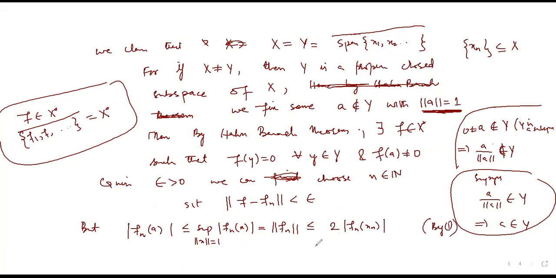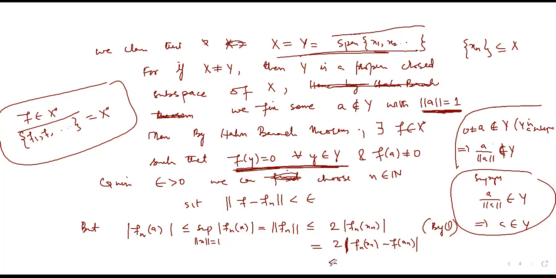So which can be written as twice modulus of fn of xn minus f of xn, because f of xn is 0, xn belongs to Y. All the xn's, Y is the span of these vectors, so they must belong to Y. So f kills everything inside Y, so f of xn would be 0 for all n.